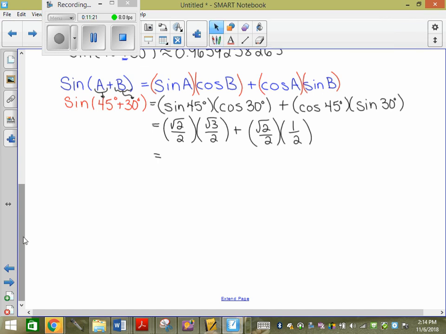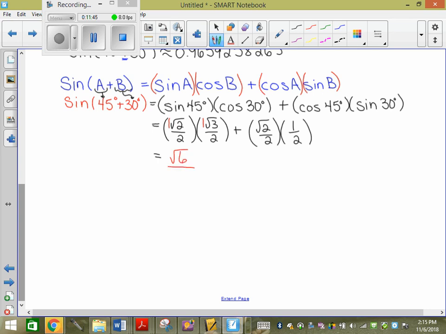So when we multiply two radicals together, what do we do? Multiply what's in front by what's in front. So 1 times 1 is 1, so I don't need to write that. And then what's under the radical, which is called the radicand, by the radicand. So root 2 times root 3 is root 6.